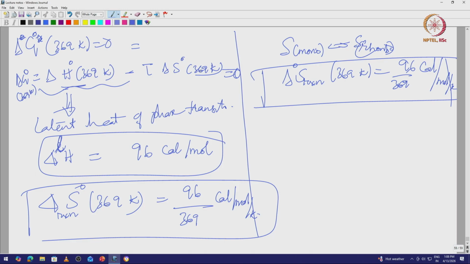Now, I want to conduct this reaction at 0 Kelvin.